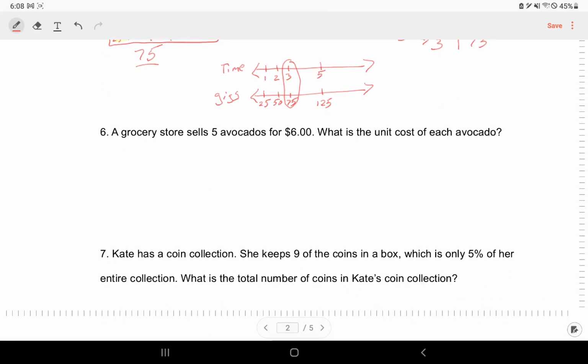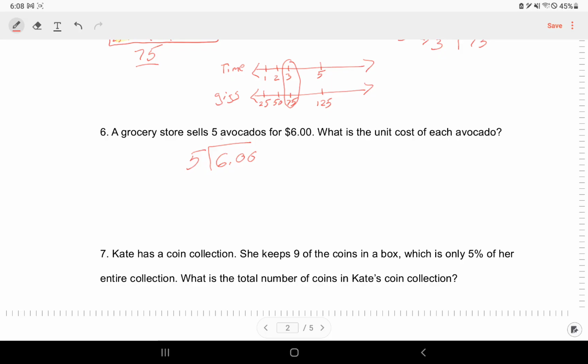Okay, for question 6. A grocery store sells 5 avocados for $6. What is the cost of each avocado? So this is just a unit rate question. And again, we can do all the tables and double number lines, but we can also just do 6 divided by 5.